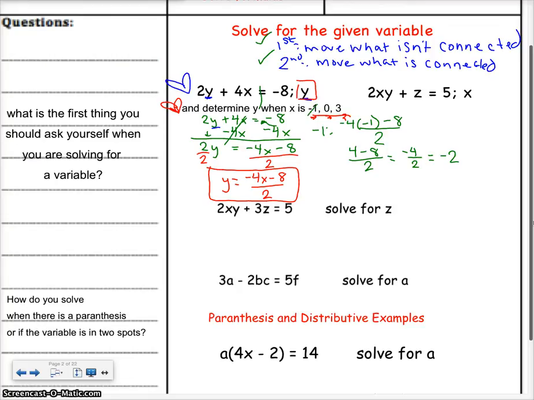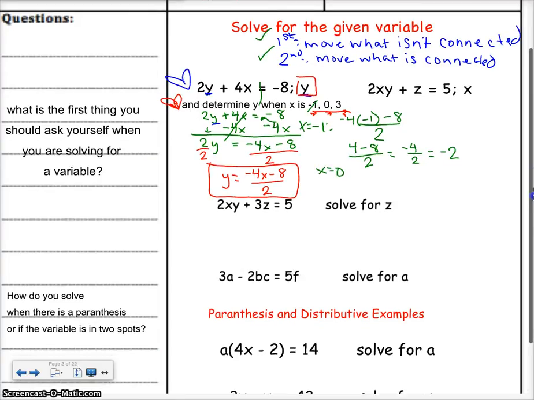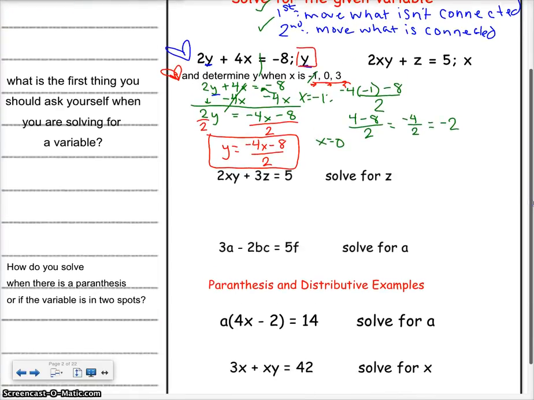Now I need to figure out what y is when x is 0. So when x is 0, I go back to this equation that you solved for y. And I go negative 4 times 0 minus 8 over 2.